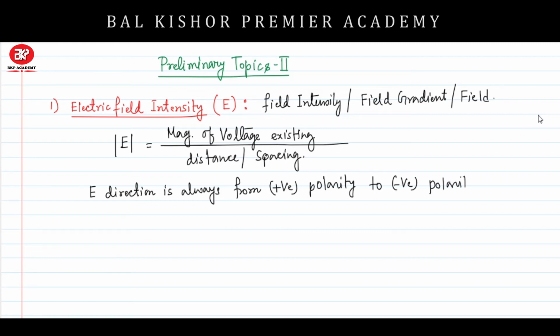Always it will happen. That means if we have a positive polarity here and a negative polarity here, then the electric field direction will be from the positive polarity to the negative polarity in this fashion.